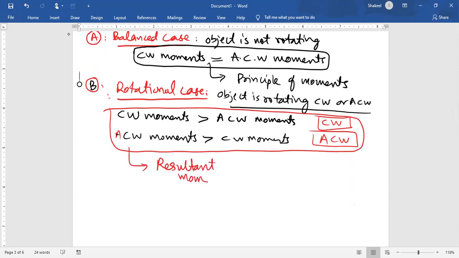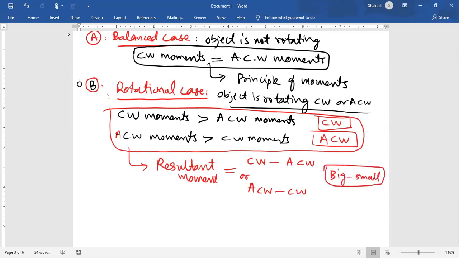So how will you find the resultant moment? Just find the clockwise moment and the anti-clockwise moment and subtract them, bigger minus smaller. It's always big minus small. That will give you the resultant moment. And how can you find the moment?